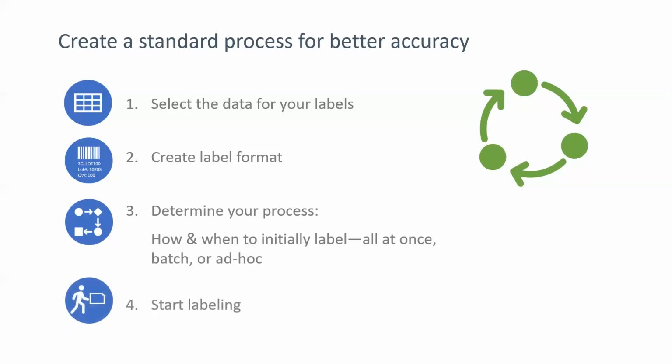The last thing we want to talk about is enforcing those labeling processes and getting started with that. Now that you've chosen a way to get your existing inventory labeled, you also need to define what those standard processes are for labeling incoming inventory for both raw materials and finished goods.